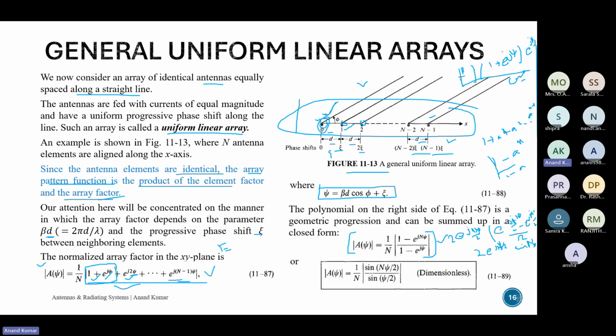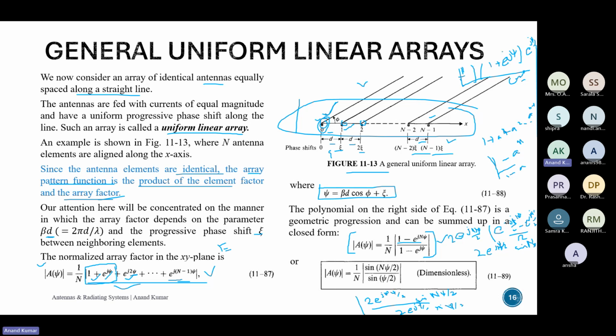So essentially this numerator will become 2 e power j n psi by 2 into sine n psi by 2. Similarly, the denominator will also become 2 e power j psi by 2 sine psi by 2.